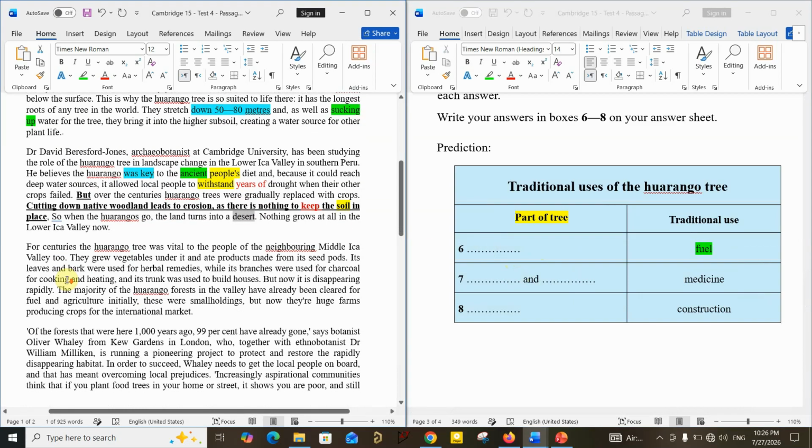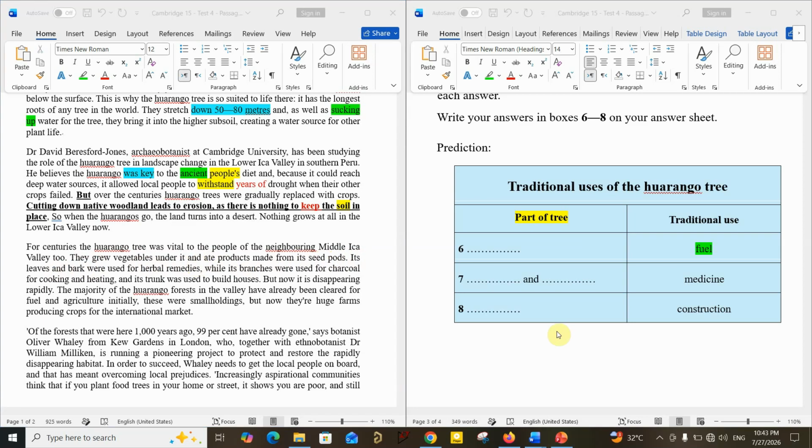So for centuries, the Horango tree was vital to the people of the neighboring Middle Ice Valley too. They grew vegetables under it and ate products made from its seed pods. Its leaves and bark were used for herbal remedies.